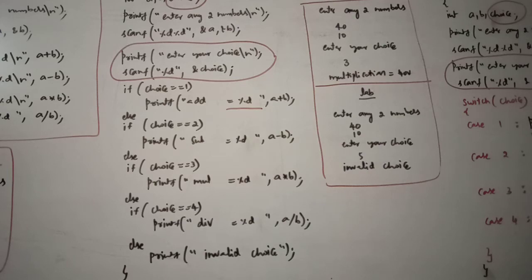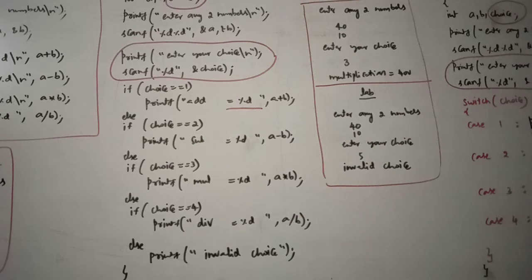If choice 1, choice 2, choice 3, choice 4, if not 1, 2, 3, 4, invalid choice. Always try to observe the difference between each and every program.